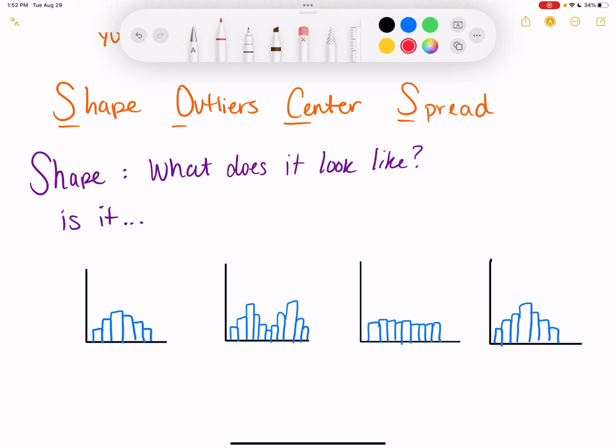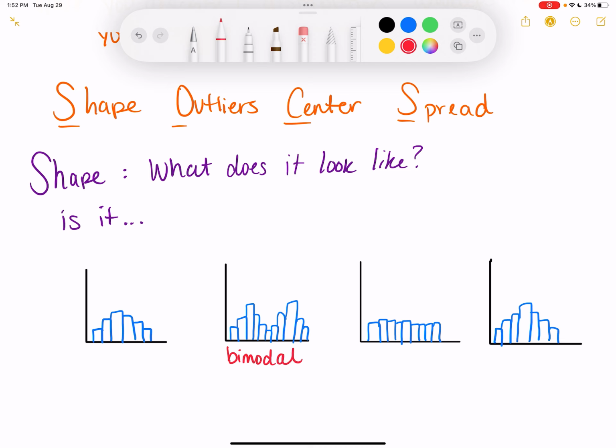All right. I'm going to say a name of one of these graphs and tell me 1, 2, 3, or 4 which one you think it is. Bimodal. The second one. Okay, started off easy. So bimodal.